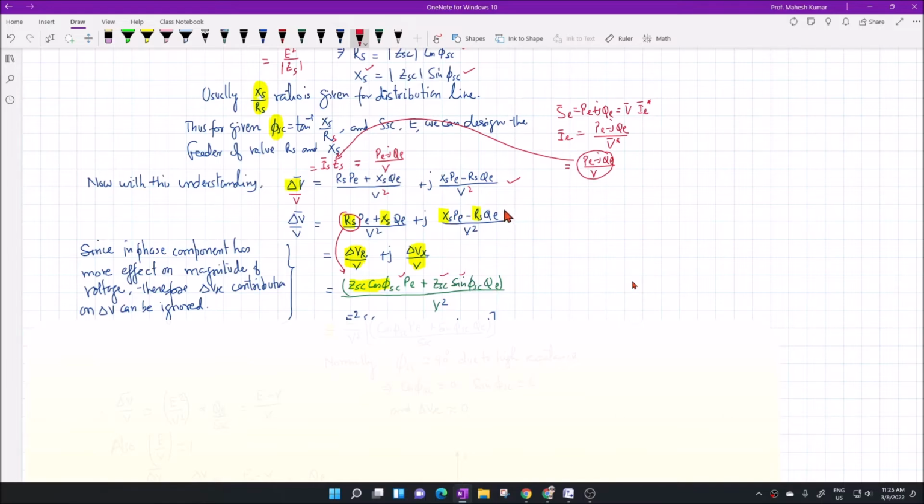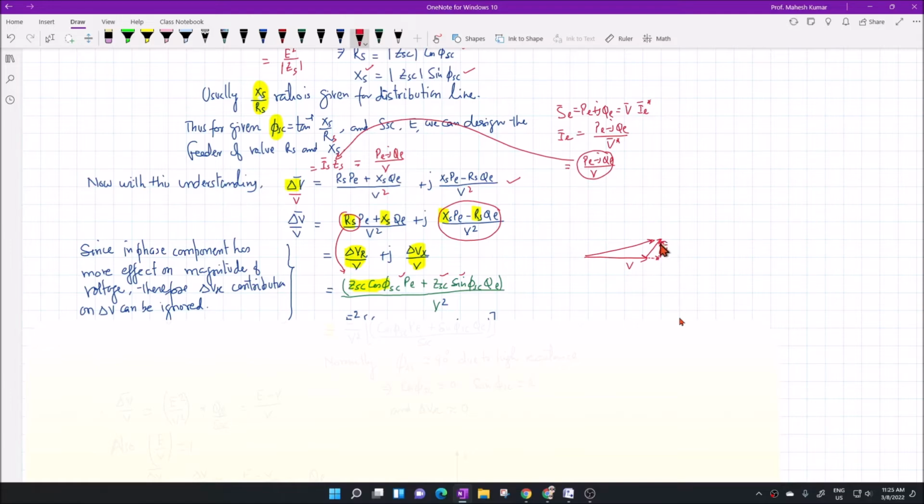Now delta Bx is assumed to be 0 or negligible. Why is it so? If this is my voltage B and this is delta B, this is E, then you can see here that this is the in phase component and this is the phase quadrature component.